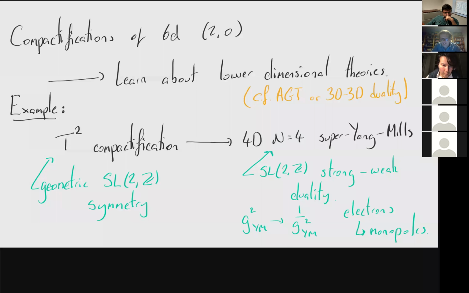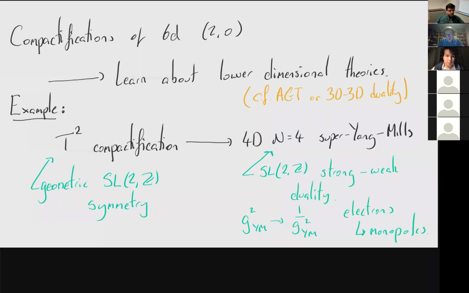Essentially, one of the generators of the symmetry is an inversion of the coupling constant. So you can understand why this is a very hard symmetry to analyze and to provide evidence for, because the way you would do that is you would compute something at strong coupling, and you would compute something at weak coupling, and you would compare them. But almost by definition, computing something at strong coupling is challenging.